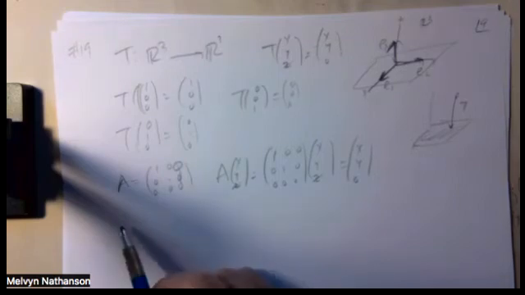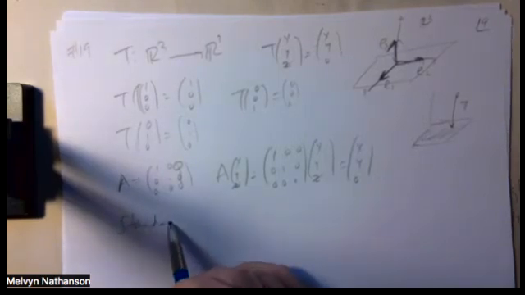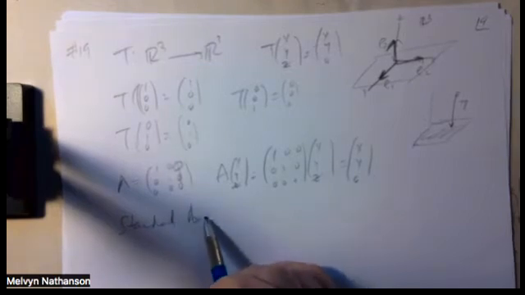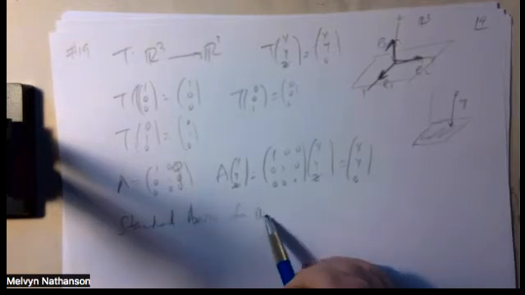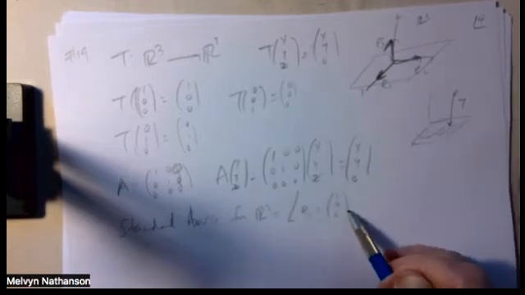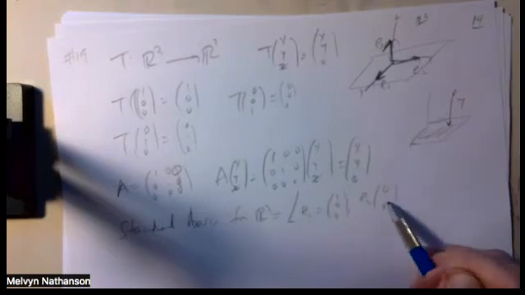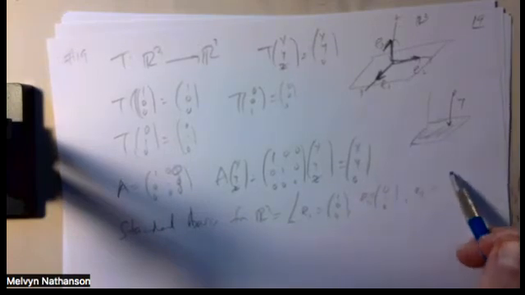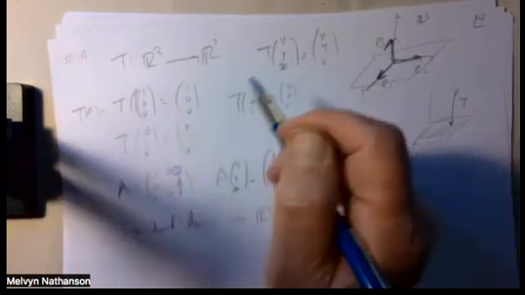So the standard basis for R3 are these three vectors. e1 is 1, 0, 0. e2 is 0, 1, 0. e3 is 0, 0, 1. And this is T of e1. This is T of e2. This is T of e3. Let me get this matrix.